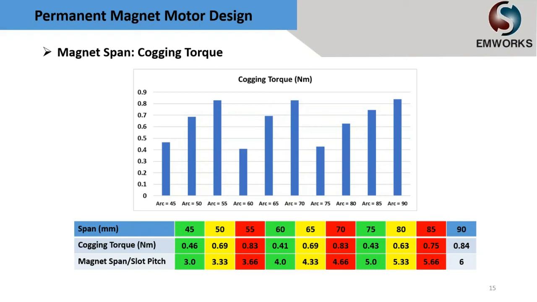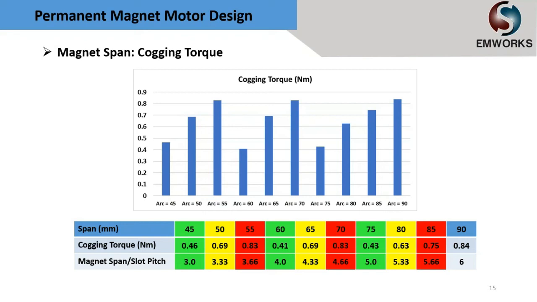Newton meter. When the ratio of magnetic span to slot pitch is not an integer number, then the peak value will increase. For example, for magnetic span of 50, 65, and 80 degrees, where the ratios are 3.33, 4.33, and 5.33, the cogging torque peak values are around 0.69 Newton meter.